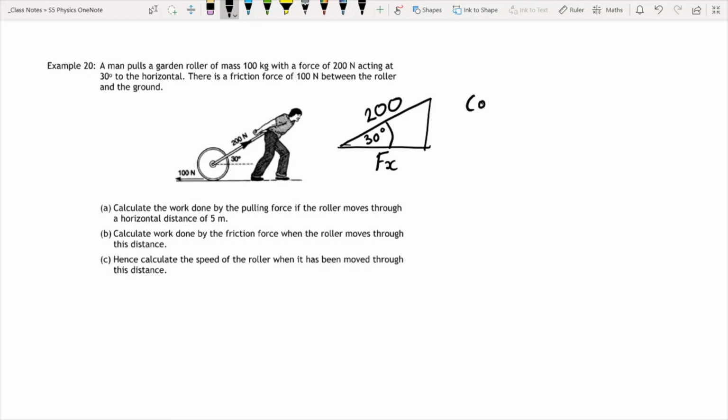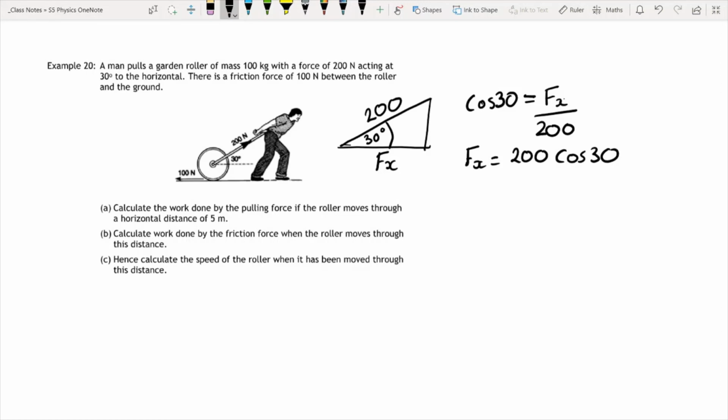So cos 30 is adjacent over hypotenuse, so Fx over 200. So the horizontal component is going to be 200 cos 30. Remember the cheat way that I did tell you about, if you want to use it, you don't have to, is that 200 has gone through the 30 to get to Fx, so 200 cos is through.